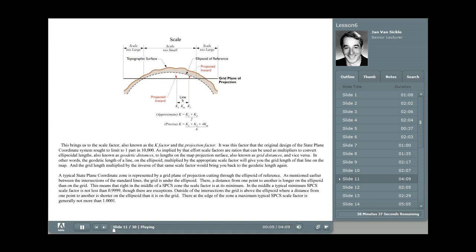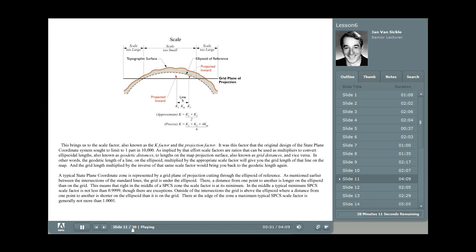And this brings us to the scale factor, also known as the K factor and the projection factor. It has lots of names. It's the factor that was originally designed to keep this limit of distortion between, again, what's on the Earth and what's on the map to 1 part in 10,000.